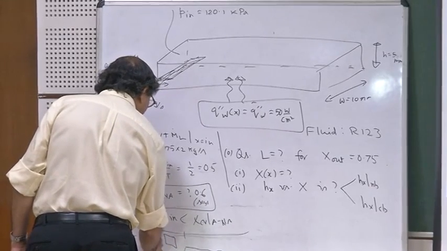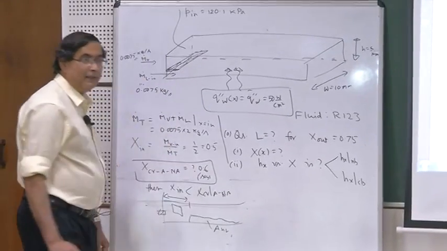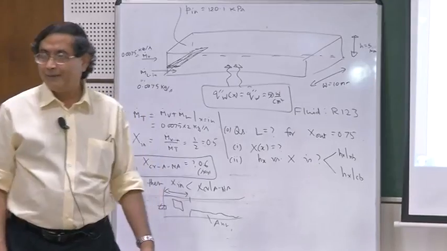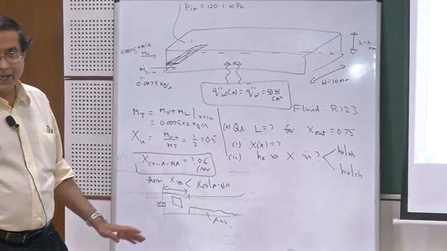So there would be a region here that would be non-annular, and you don't know how long that would be. So you can't really tell whether it is fully annular or partially non-annular and annular.